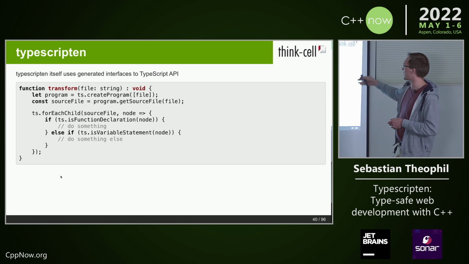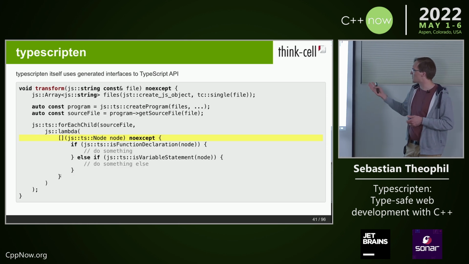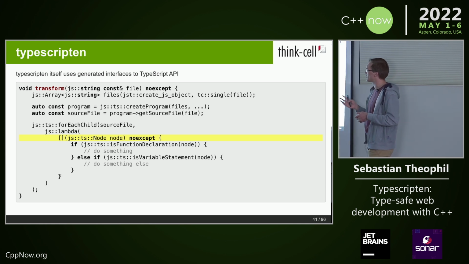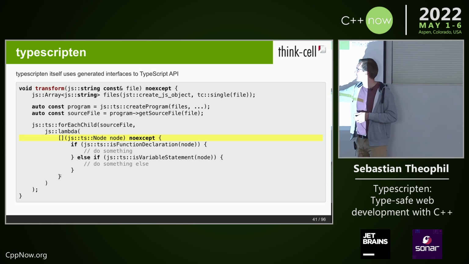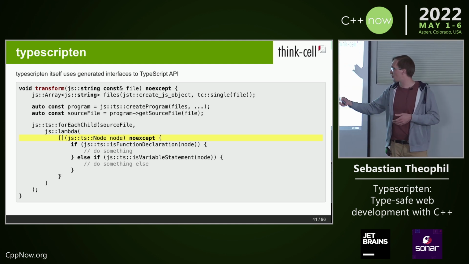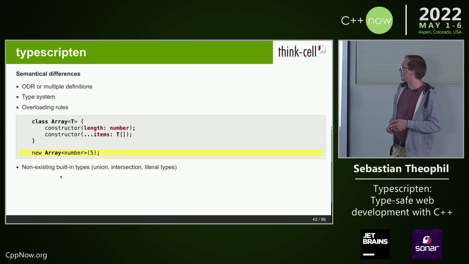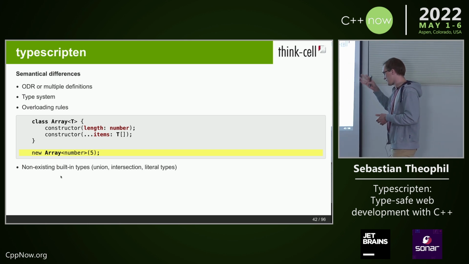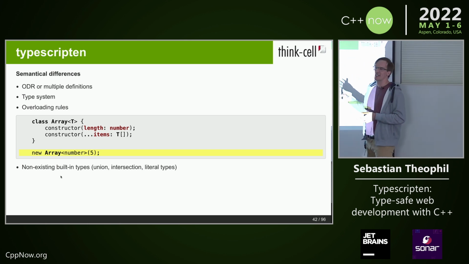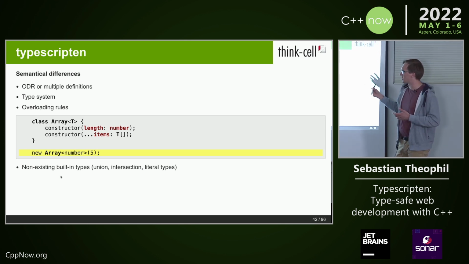So like I said, we use the same API itself, but now from C++. So it would look a bit like this. So pretty similar. And here you can see, well, we pass a C++ lambda to this JavaScript function that then gets called back for every syntax node. OK, so here are some of the many semantical differences between those two languages that make this an interesting project.